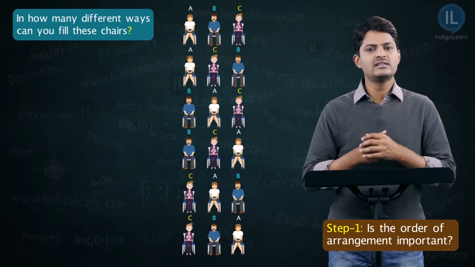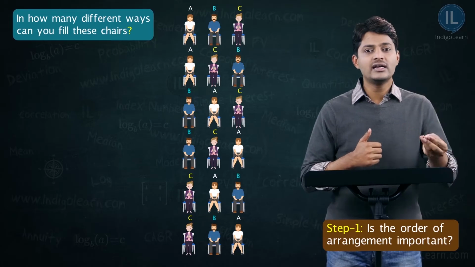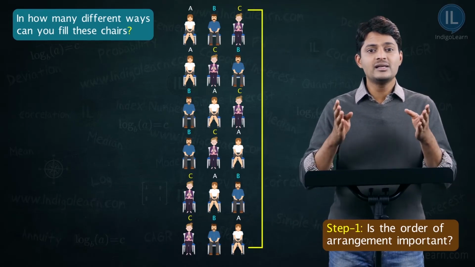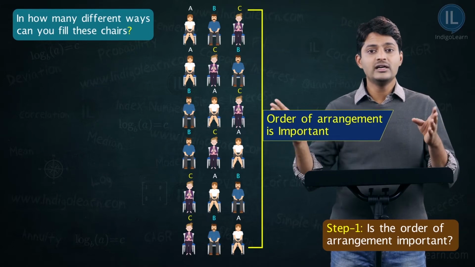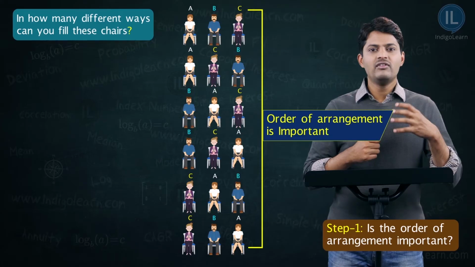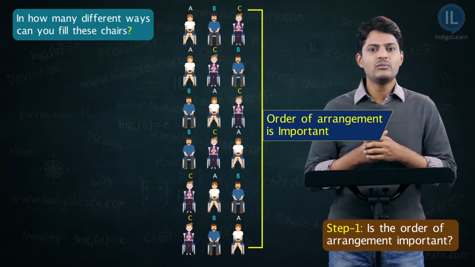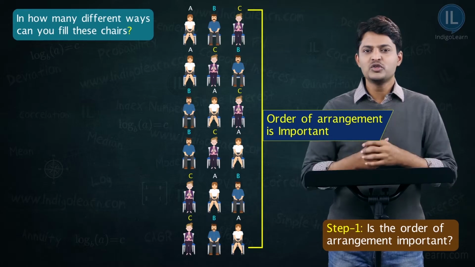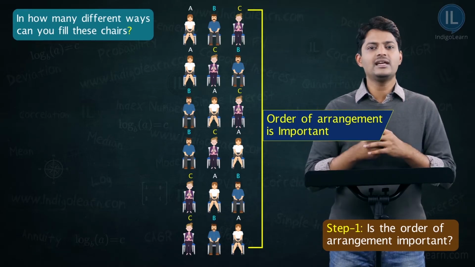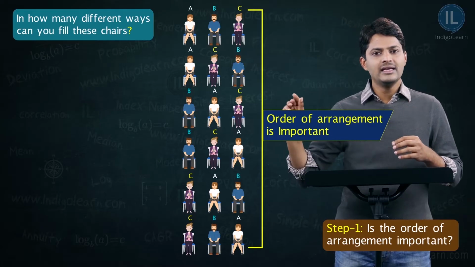If your answer is they are different, then you understand that arrangement is extremely dependent on the order in which you place people in a row. Or in other words, whenever we are discussing the concept of permutation, we are discussing what we call an arrangement.